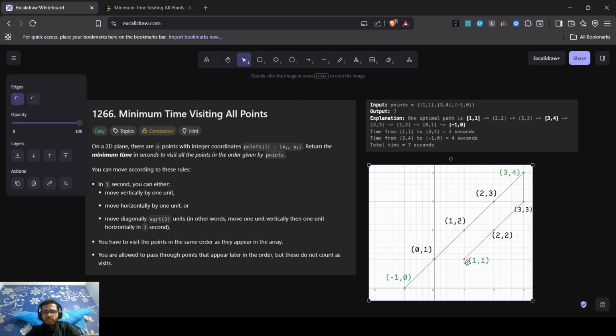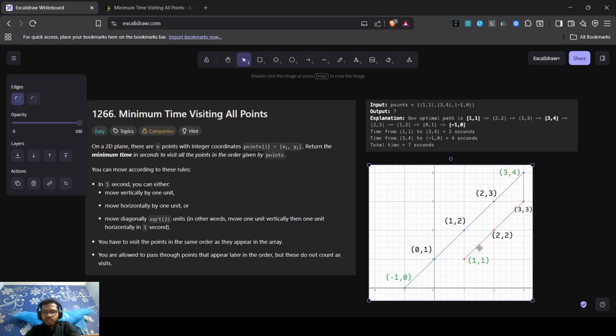Point 1 comma 1 to point 2 comma 2, point 3 comma 3. Now, we can't go more diagonally here. We need to go vertically. So, going vertically, we reach the point 3 comma 4. Then, let's again go diagonally: 2 comma 3, 1 comma 2, 0 comma 1, minus 1 comma 0. So, we encounter the point minus 1 comma 0 here.